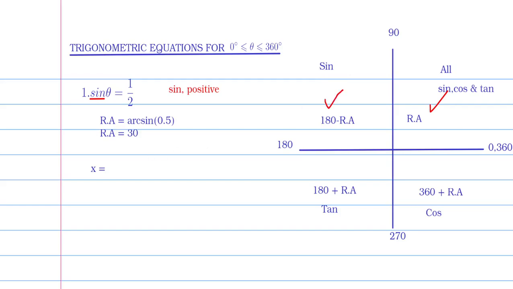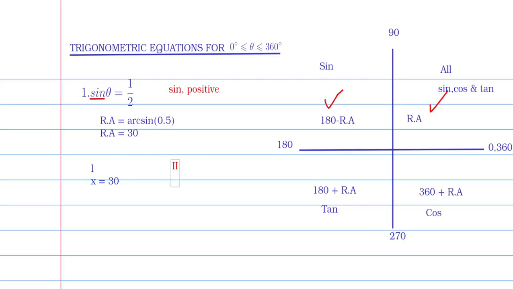So to get the values of the required angles, the first one is going to be the reference angle as it is because it's the first quadrant. Maybe I should write this one as first quadrant. X is equal to 30 degrees, and then the other one is in the second quadrant.